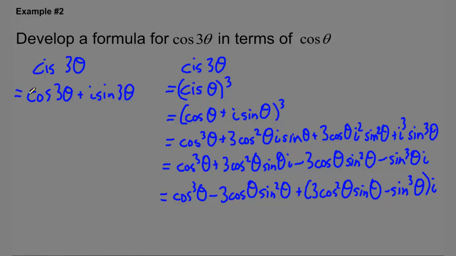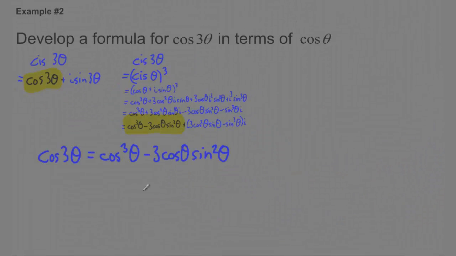Or more importantly, cosine of 3 theta, as I highlighted, should equal the real portion of this version. And that's where we're now going to work. So this is where I am. I know that cosine of 3 theta is equal to cosine cubed theta minus 3 cosine theta sine squared theta.